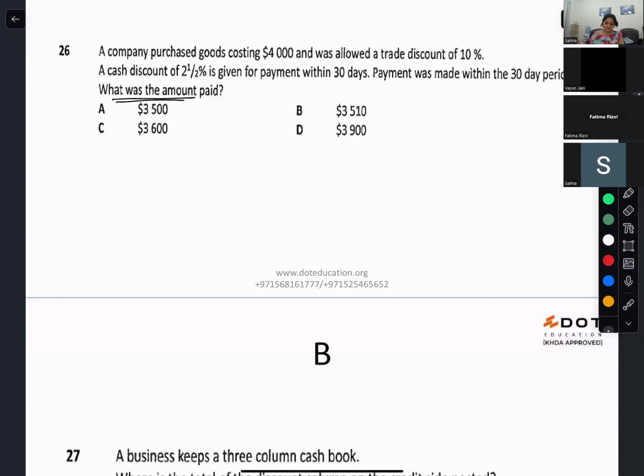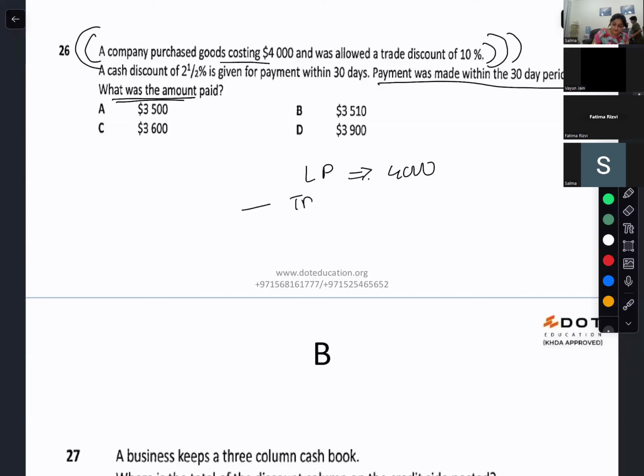Fatima, a company purchased goods costing 4,000 and was allowed a trade discount of 10%. Stop. And a cash discount. List price is 4,000, and trade discount is 10%, which is 400.